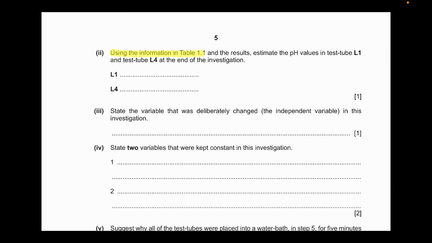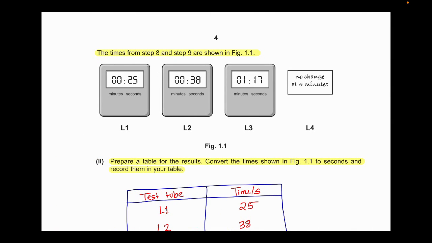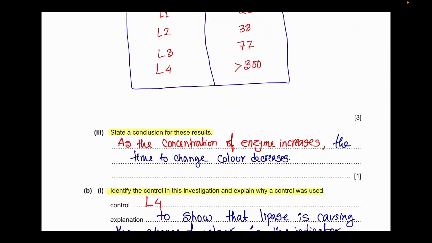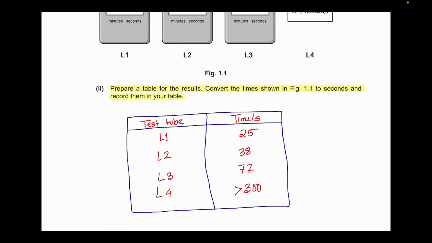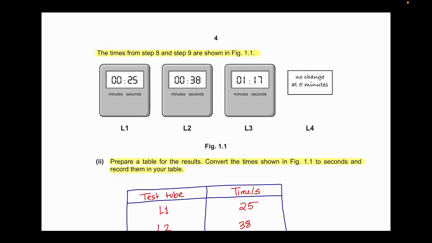Using the information in table 1.1 and the results, estimate the pH values in test tube L1 and the test tube L4 at the end of the investigation. So L1 took 25 seconds, L4 did not change color.